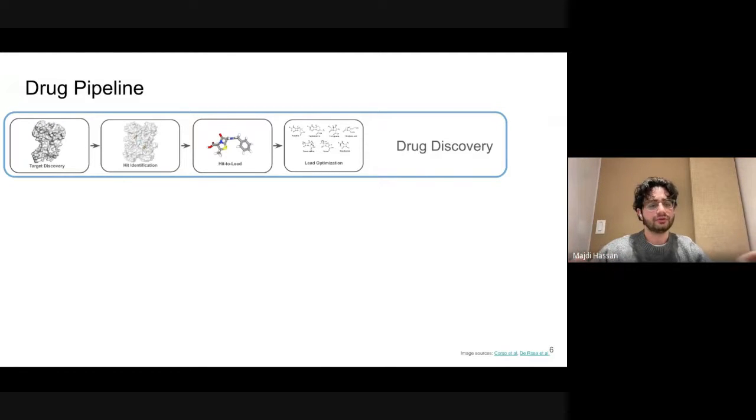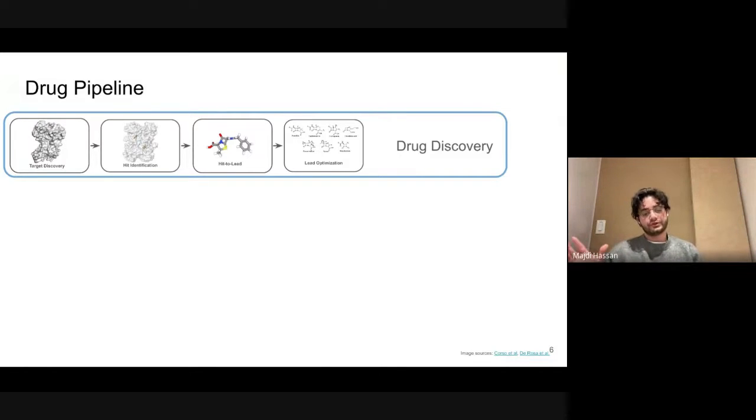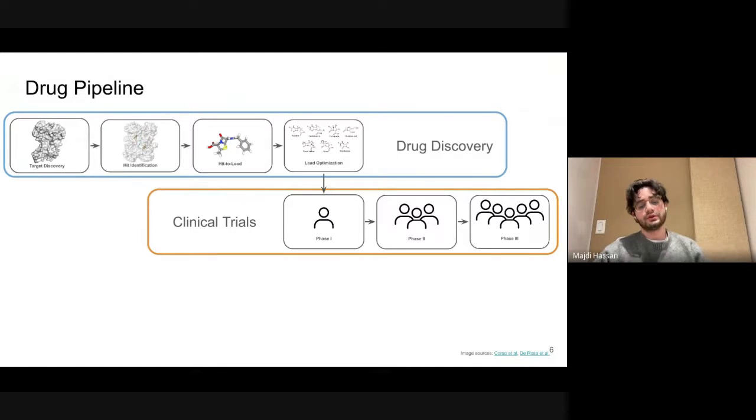We will dissect each of these categories in the drug discovery pipeline a little bit. But if we have a compound that has made it through these 4 stages and we have a drug candidate at the end of the lead optimization phase, this will then progress forward to another set of trials called the clinical trials, which are broken up into 3 phases.